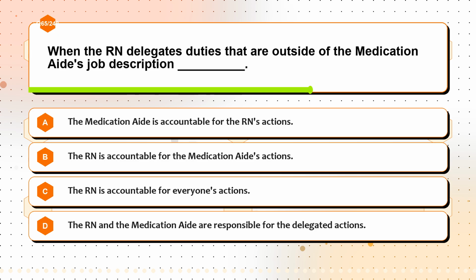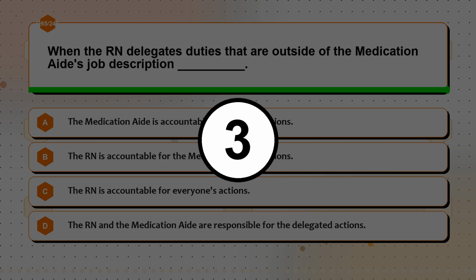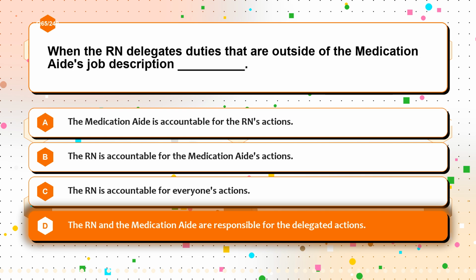Option C, the RN is accountable for everyone's actions. Option D, the RN and the medication aide are responsible for the delegated actions. The correct answer is option D. The RN and the medication aide are responsible for the delegated actions.